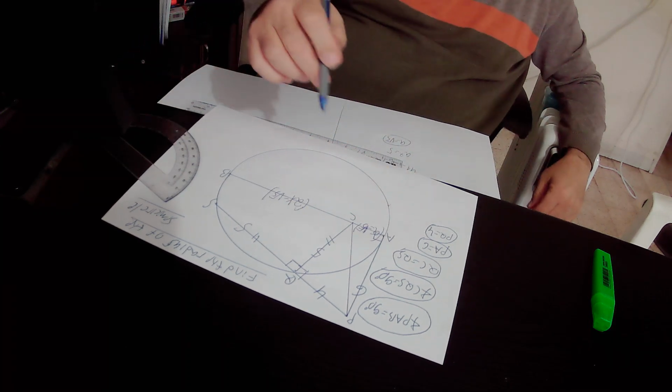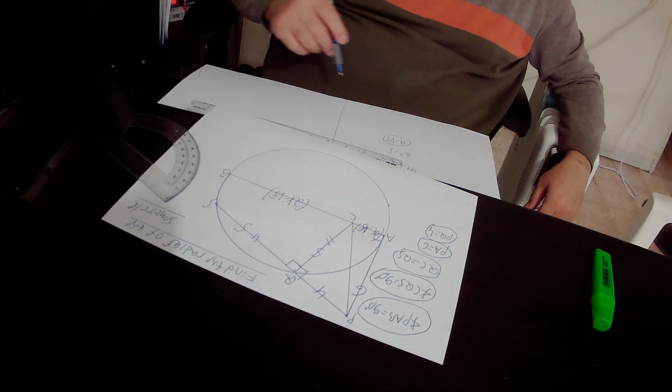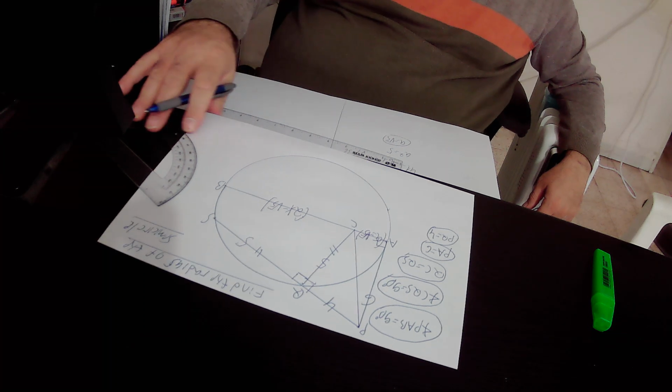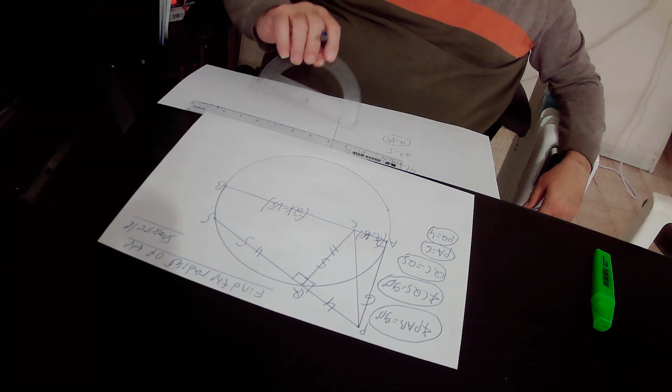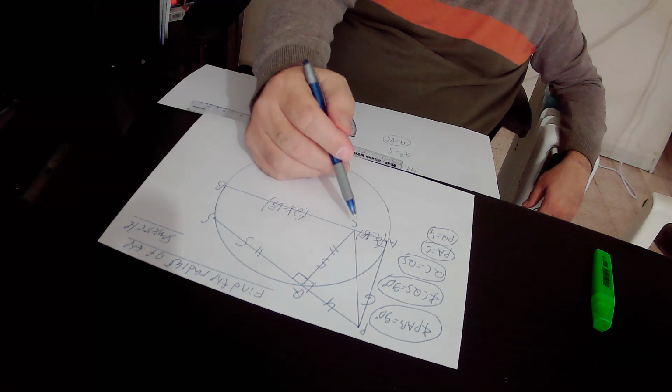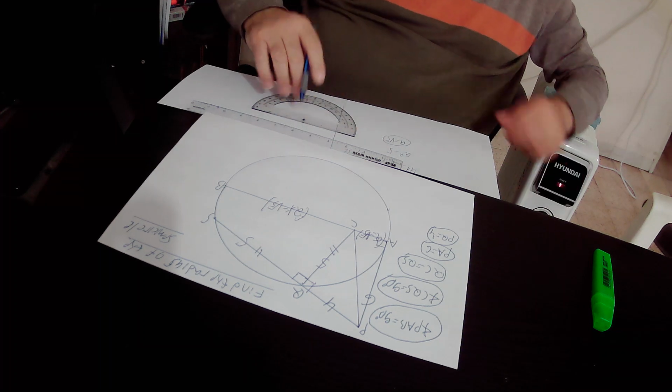So we completed the semicircle to a circle, and we will extend side QC by a straight line until it touches the circle.